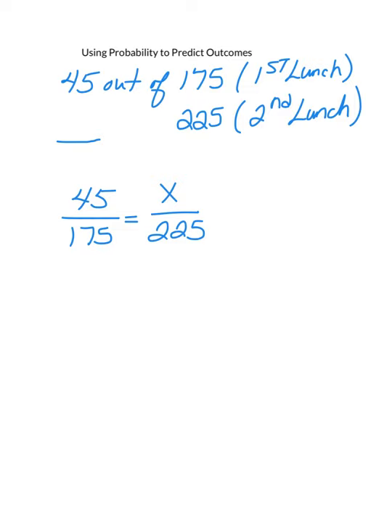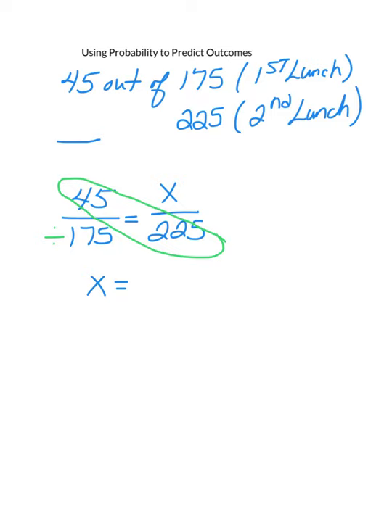And then if we remember way back when we were solving proportions, to solve a proportion, we cross multiply the numbers that are diagonally across from each other, and then we divide by the number that's diagonally across from the variable. Multiply and then divide, no matter how we set up the proportion. So let me do that. I did 45 times 225, and then I divided my answer by 175.